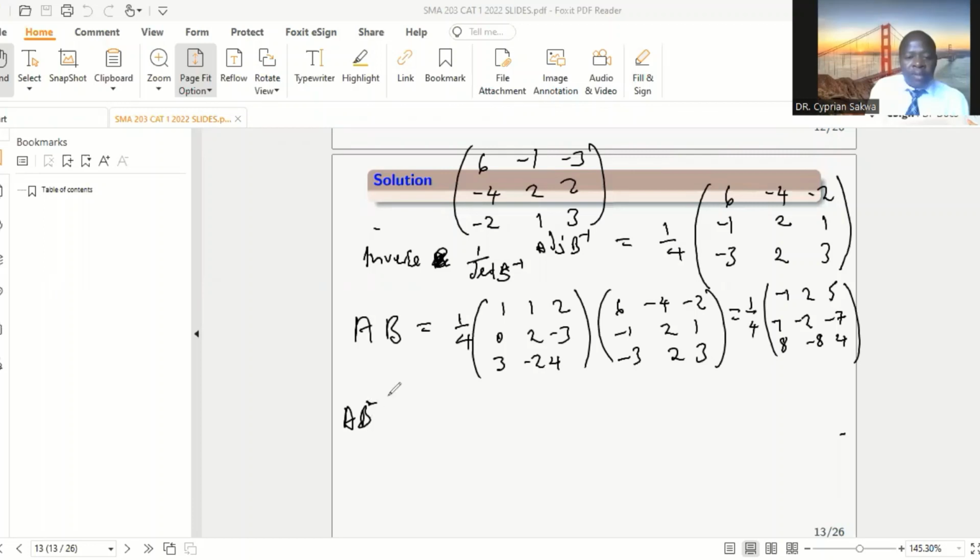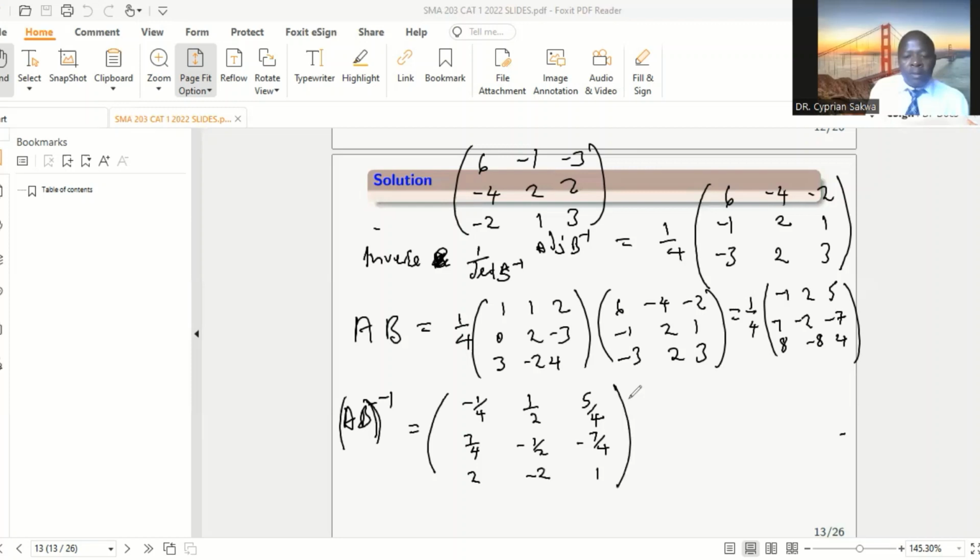But now to get the inverse of AB, the inverse of this product, I must take my quarter inside. And so this is negative 1 out of 4, a half, 5 out of 4, 7 out of 4, negative a half, negative 7 out of 4, then here it just be 2, negative 2, and 1.